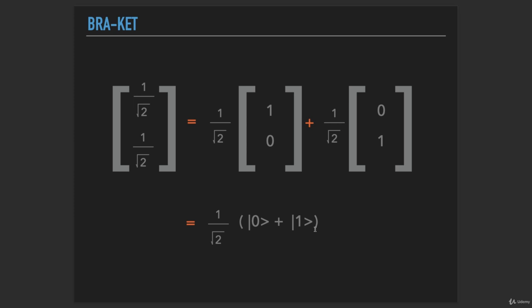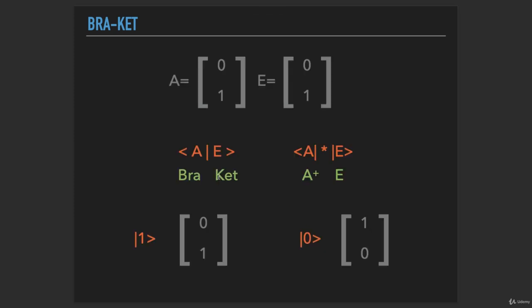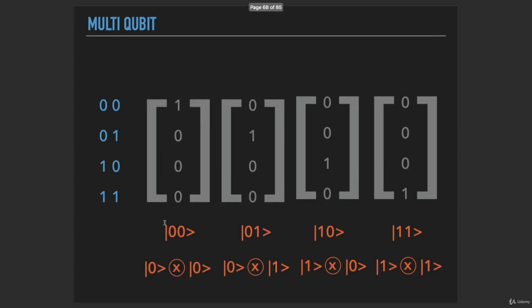As you might remember, this is the probability of getting 1 or 0 for only 1 qubit. By using this ket notation, we can also specify 2-qubit states. If we're dealing with multiple qubits, or 2 qubits in this specific example, we know that we don't only have 1 or 0.